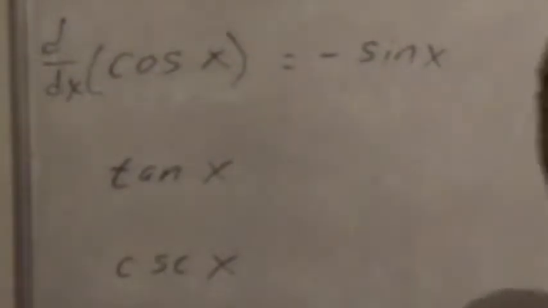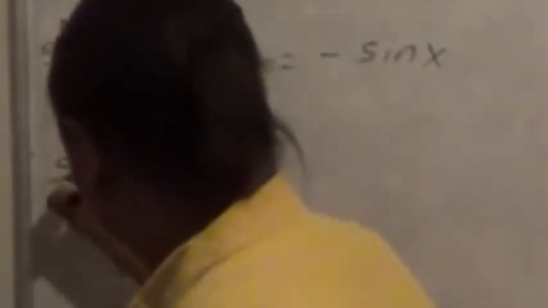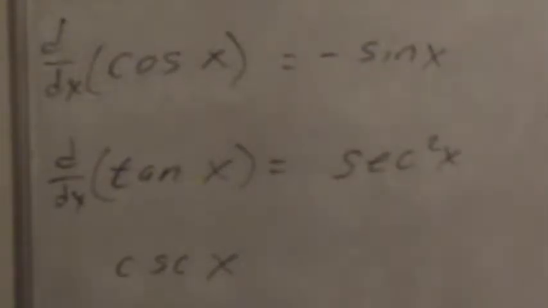So the derivative of sine of x with respect to x will be the cosine of x. Next, the derivative of cosine of x with respect to x will be a negative sine x. Next, I'm going to take the derivative of tangent of x with respect to x. And here we'll get the secant squared x.